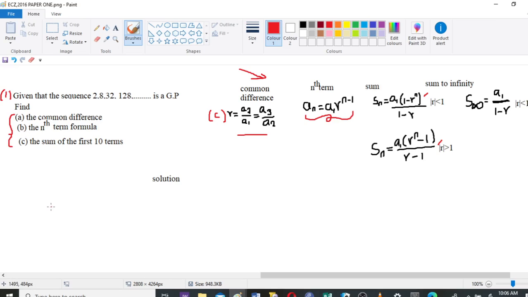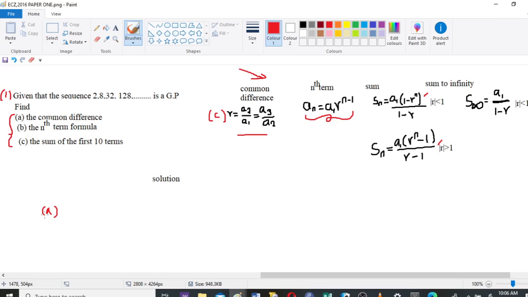So A, how do we find the common difference? This is a geometric progression. Remember, in an arithmetic progression, to find the common difference we subtract: the second term minus the first term, the third term minus the second term, the fourth term minus the previous term.